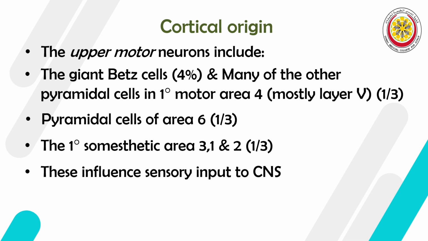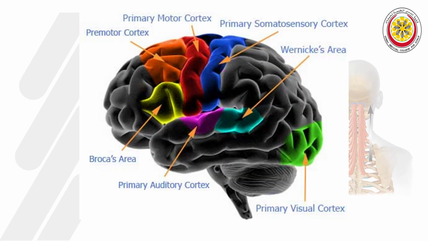Now, these ones, just to finish with them, they influence sensory. This one third, they go down and influence and modulate upcoming somatic sensation and other sensations. A reminder again, it is not only the motor areas, but also the sensory areas.